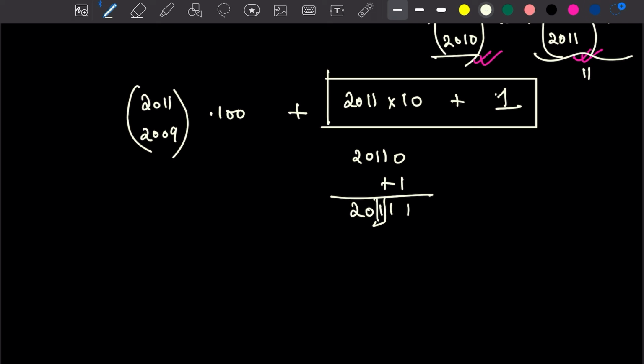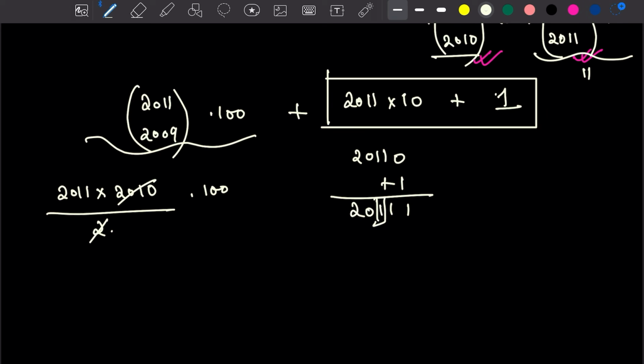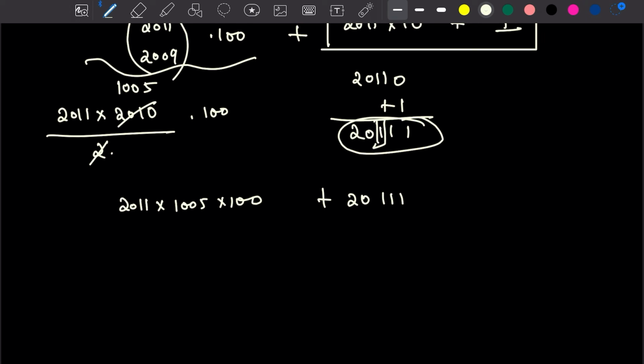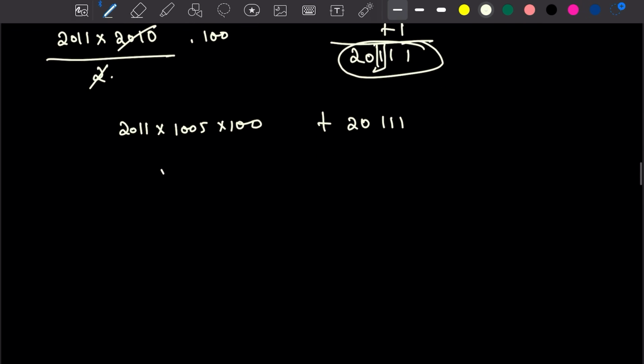The third digit is 1. Now let me focus on this first term. This is 2011 times 2010 divided by 2, times 100. So this is 2011 times 1005 times 100, and we have this 20111 here. If you directly check, this is 100500 times 2011.